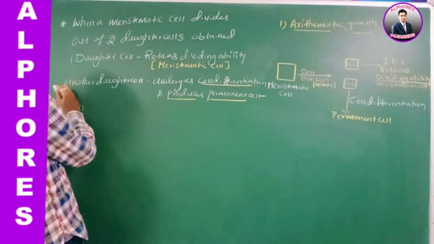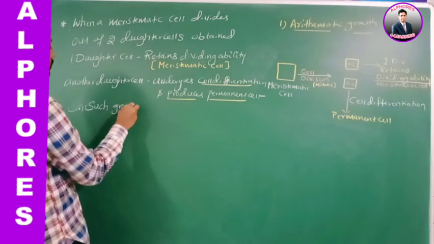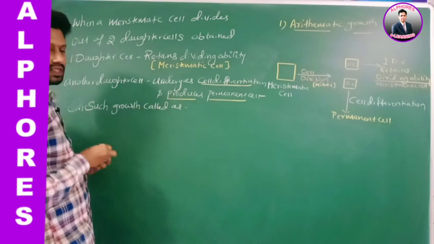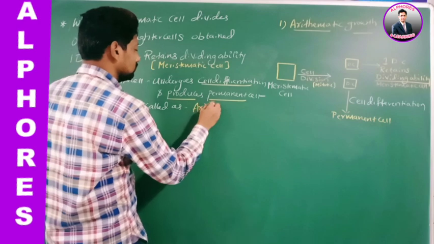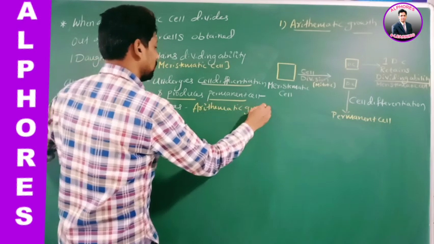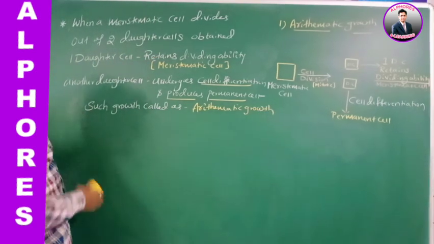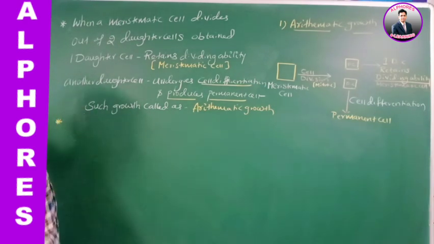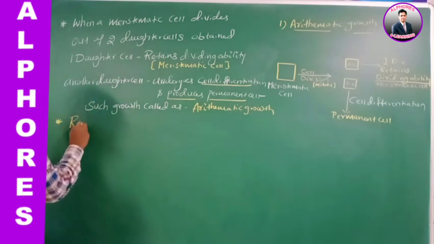Such growth is called arithmetic growth, right? What is such growth called? Arithmetic growth. Root elongating at a constant rate shows arithmetic growth.